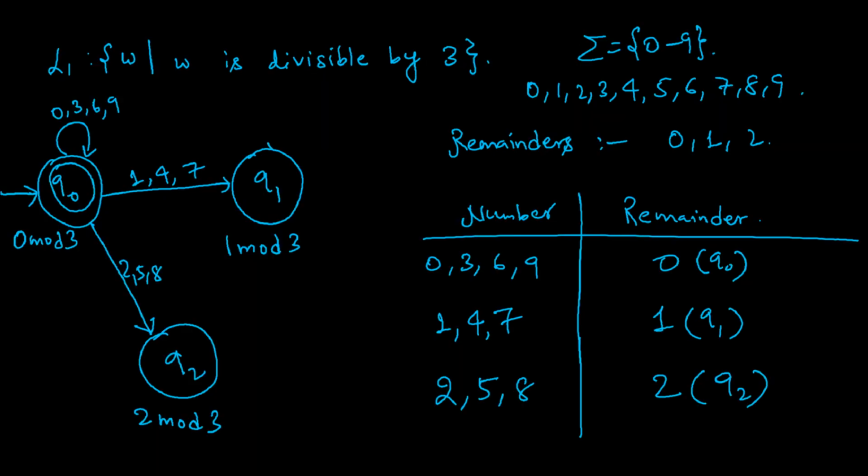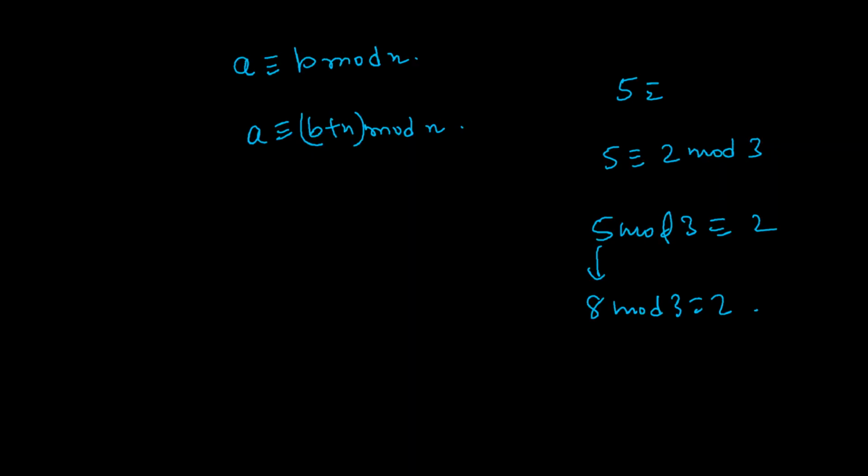So if you add 0, 3 or multiples of 3, a is the same as b plus 2n mod n, and so on; it is the same as b plus nk mod n.